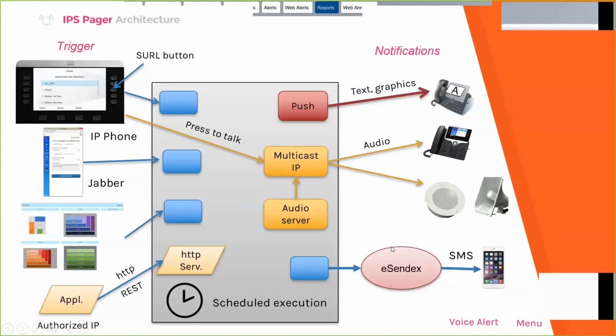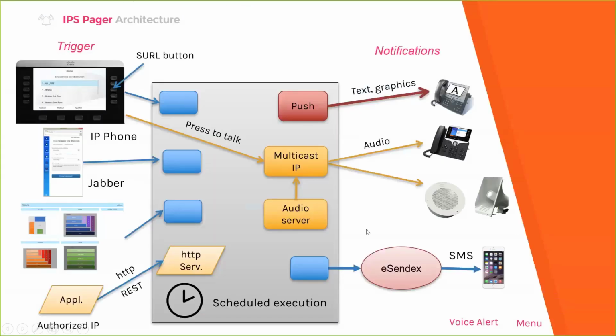Okay, now we have a look at IPS Pager. The same type of slide to show the architecture and how it can be triggered and how we alert. For IPS Pager, we support an IP phone XML interface from which you can select the destination, the alert, and trigger the alert, either text or audio alert.